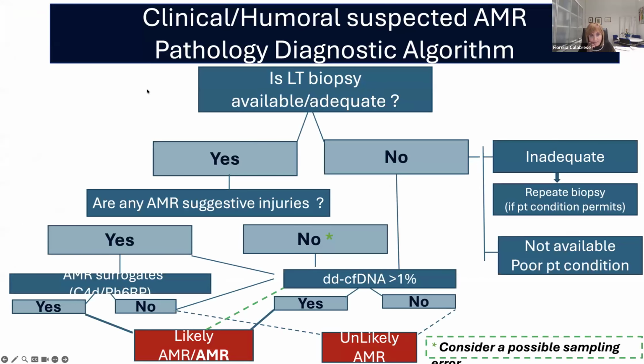Yes, this is a pathology diagnostic algorithm that we are using in our center. This is just drawing on oncological experience with liquid biopsy. Let's start. If, for example, we have a case with high suspicion of a clinical AMR, as in our case, and we perform the biopsy, first of all, we ask if the biopsy is adequate.